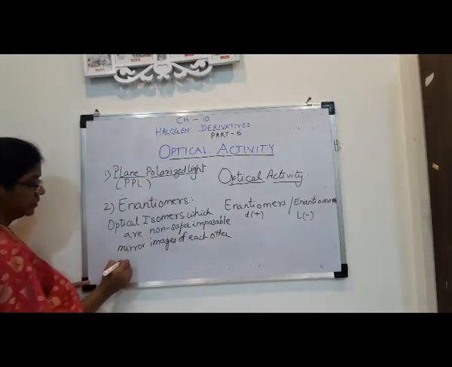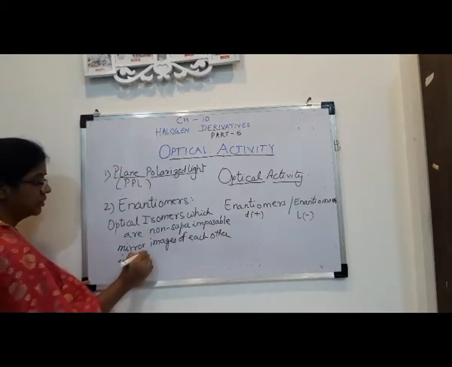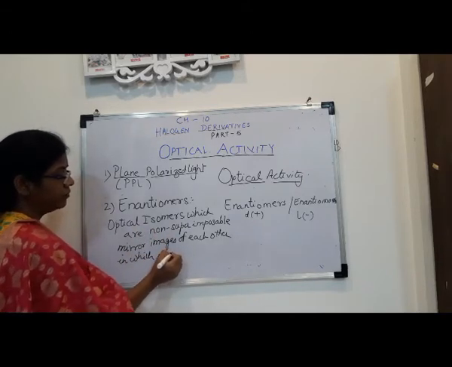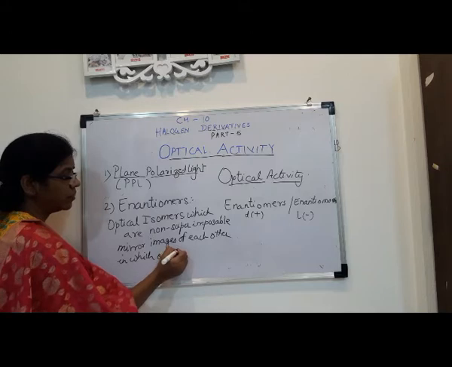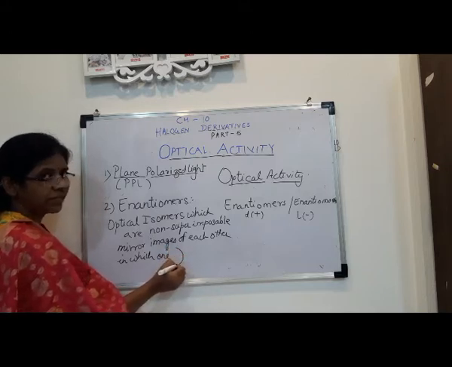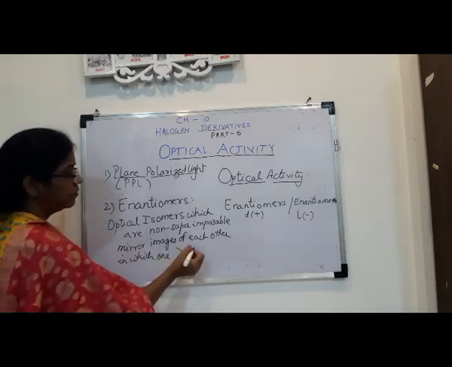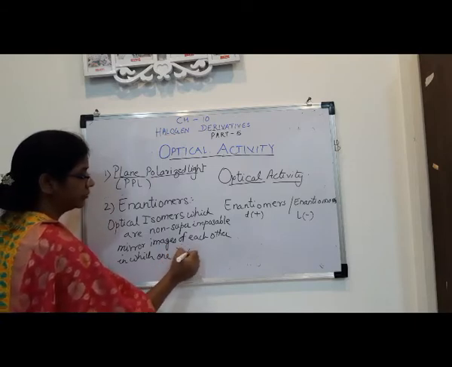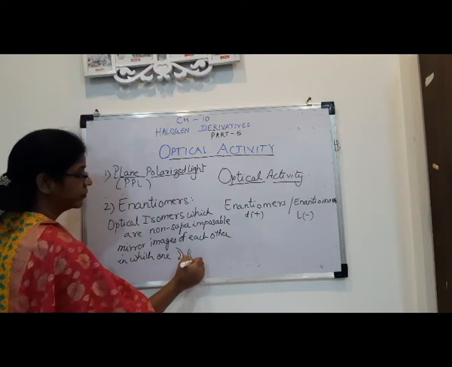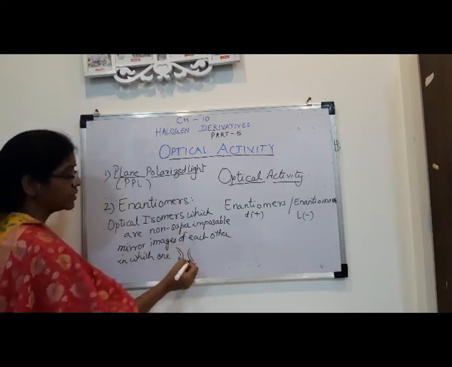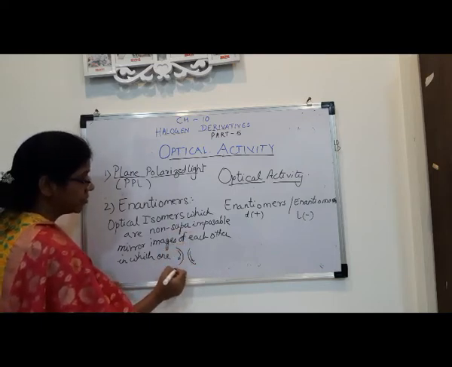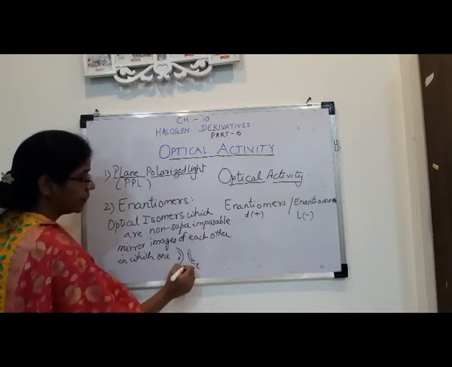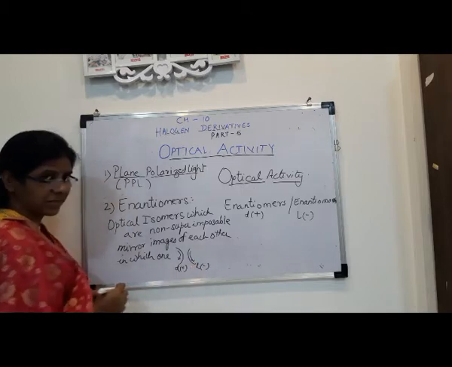In which, if one enantiomer rotates the plane of plane polarized light in the clockwise direction, the other will rotate it in the anti-clockwise direction. Did you follow this? So clockwise and anti-clockwise are shown as dextrorotatory and levorotatory, by plus and minus.